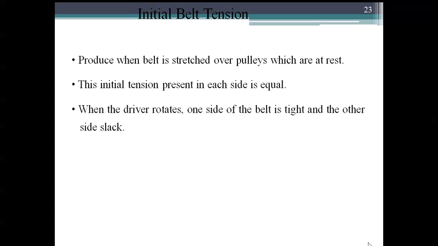So when the belt starts rotating, it pulls one side. That side is called the tight side, and the other side has decreased tension. That side is called the slack side.